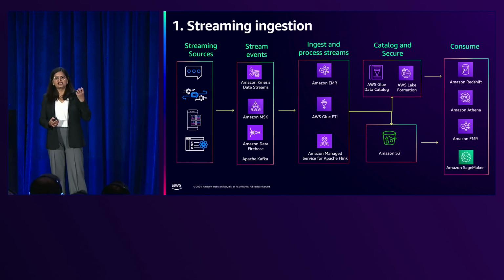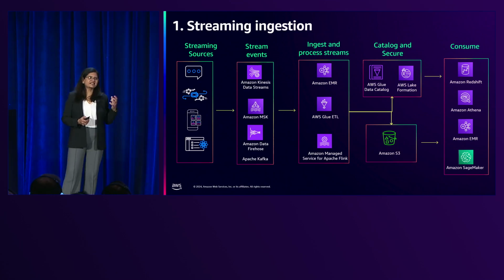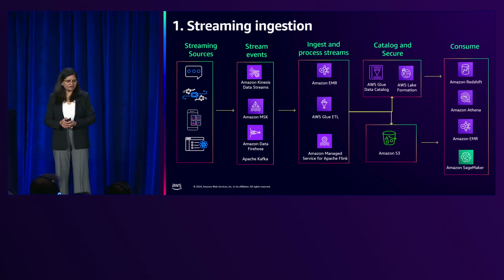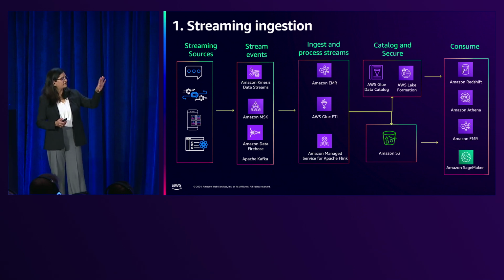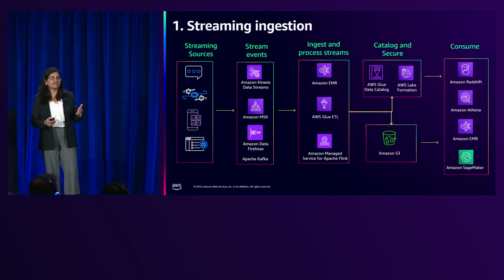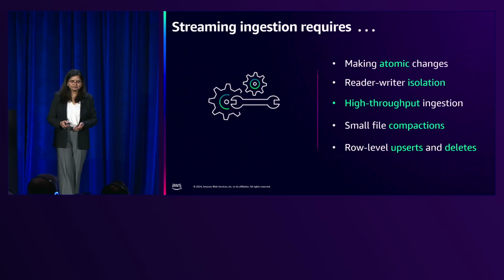As these services continuously stream this data, it is ingested and processed by stream processing engines like EMR, Glue ETL, and Amazon Managed Service for Apache Flink. Then it is stored, curated, cataloged, and secured, and becomes ready for consumption through your consumption layer that includes a variety of services such as Redshift, Athena, EMR, and SageMaker.